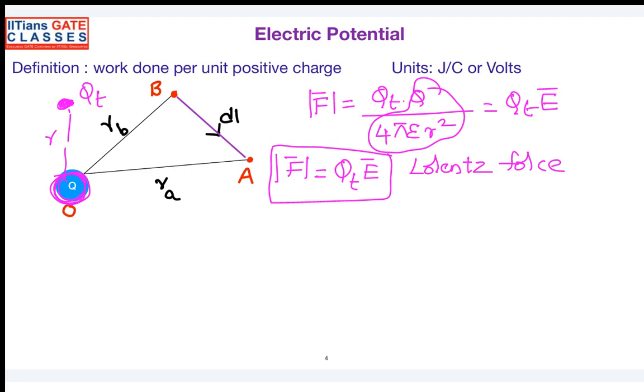But the Lorentz force says that a test charge can experience a force whenever it is placed in an electric field. The same Coulomb's law we have represented in this particular format. So is that concept clear? First part.